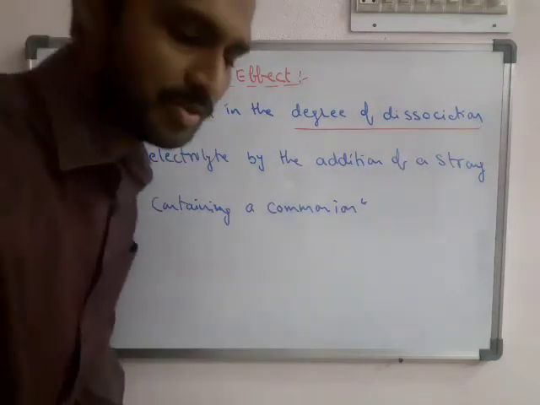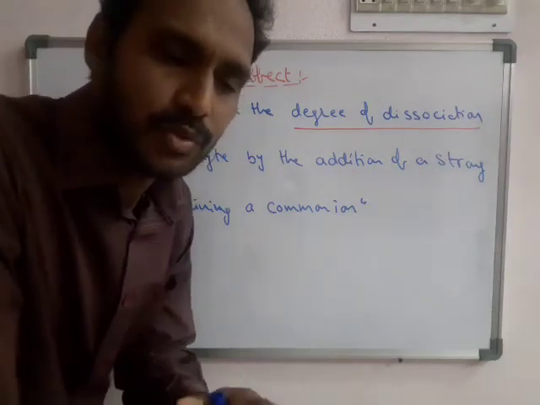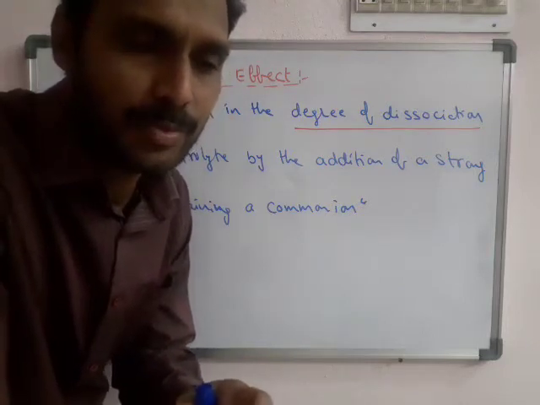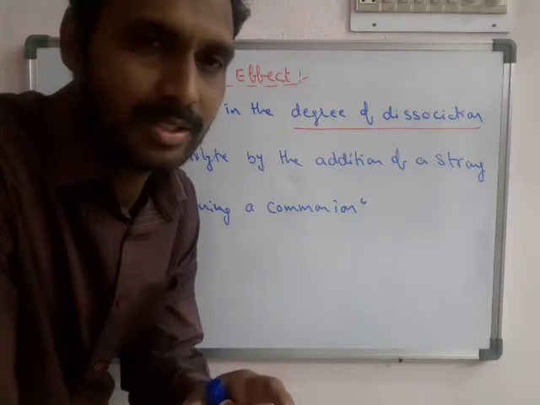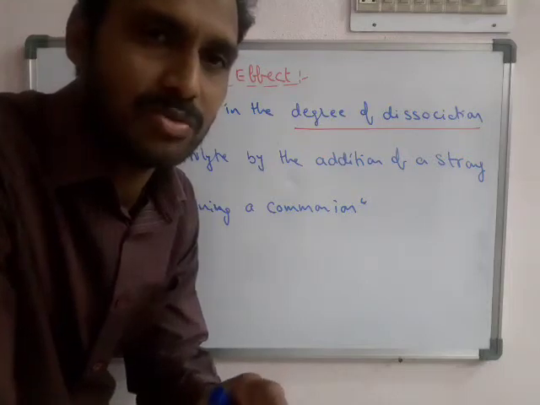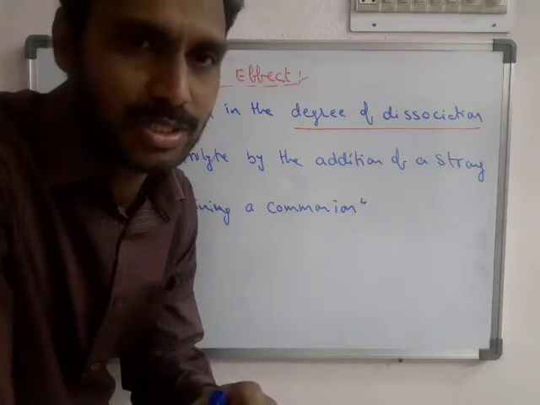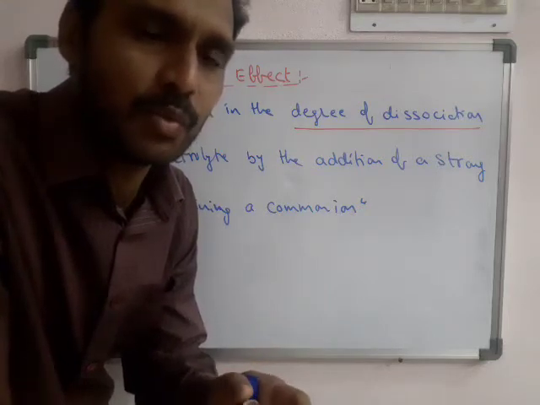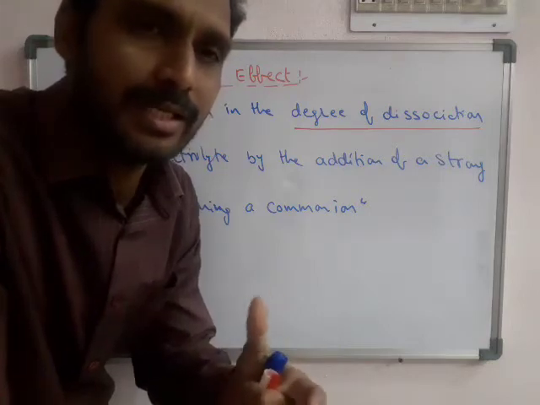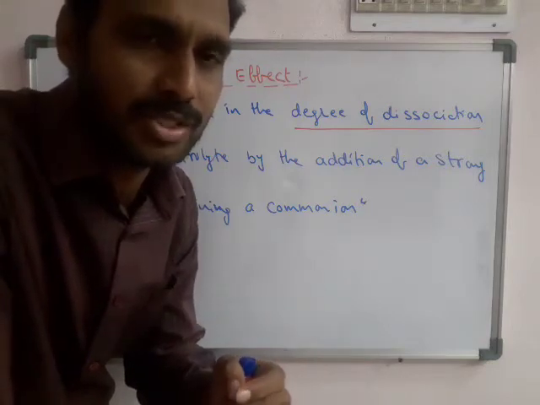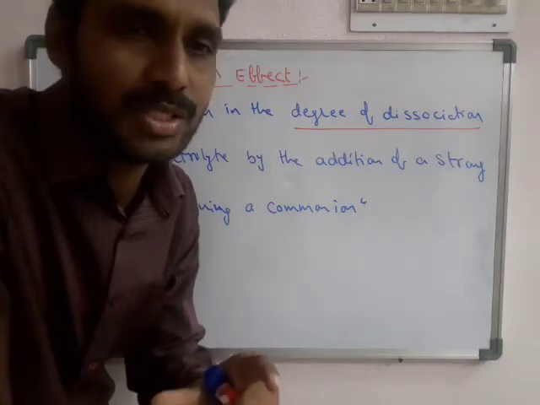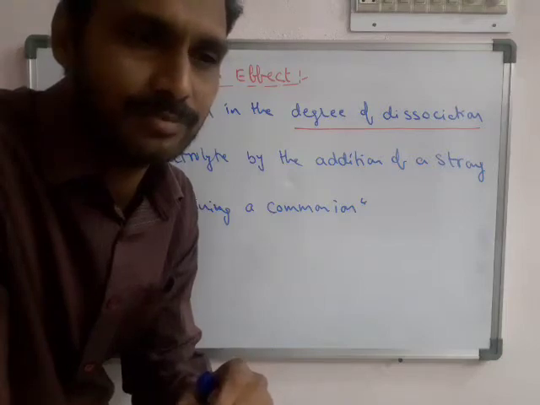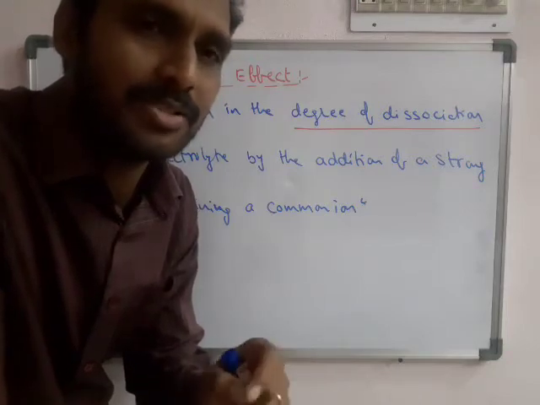We know the degree of dissociation. Generally we use the term degree of dissociation for weak acids and weak bases, because we already know the strength of acids or bases mainly depends on the degree of their dissociation. For strong acids and strong bases, generally we don't consider it, because nearly they are having 100% dissociation. So the degree of dissociation is used mainly for weak acids and weak bases, to compare their strength.